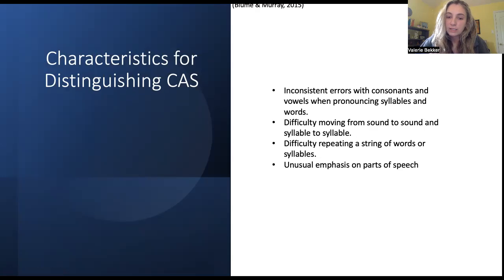Another characteristic is difficulty moving from sound to sound and syllable to syllable, difficulty repeating a string of words or syllables, and unusual emphasis on parts of speech. So an example of unusual emphasis on parts of speech would be the child pronouncing syllables in words or sentences with equal stress. So instead of the usual melody of speech, it would sound different, kind of unnatural.